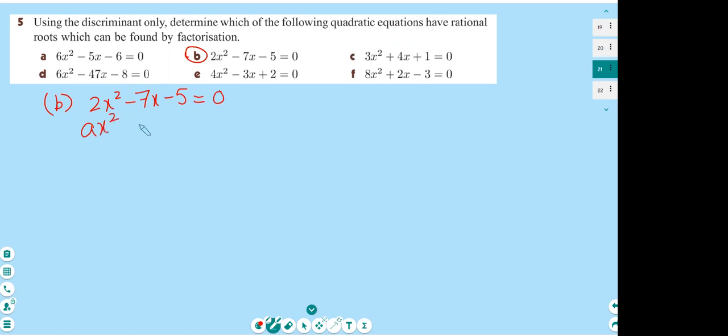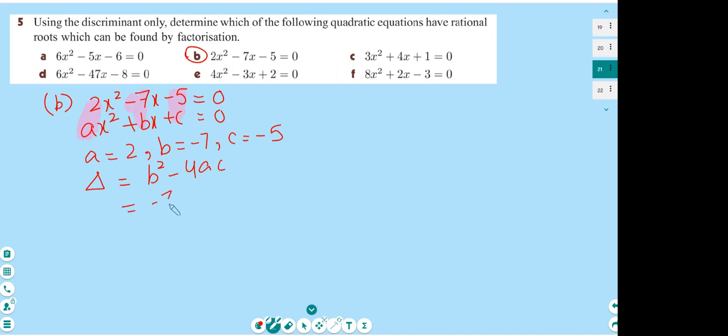Comparing it with the general form of the quadratic equation, I get A equals 2, B equals -7, and C equals -5, right? Now finding the discriminant, which is B squared minus 4AC. B is -7. So -7 squared minus 4 times A is 2, and C is -5. So we get 49 minus into minus plus, 4 2s are 8, 8 5s are 40, right? So it is 89. And obviously it's not a perfect square.